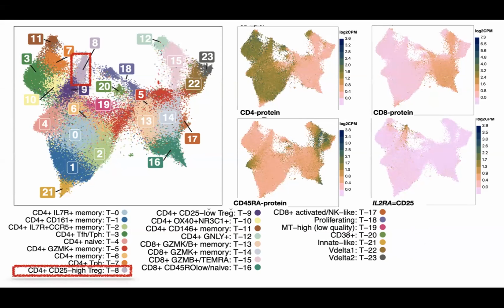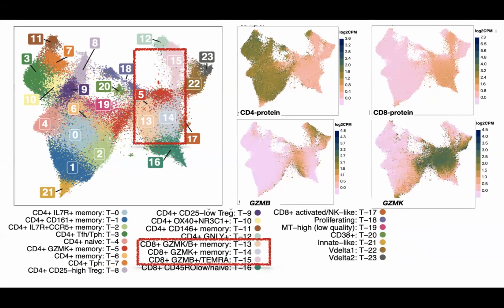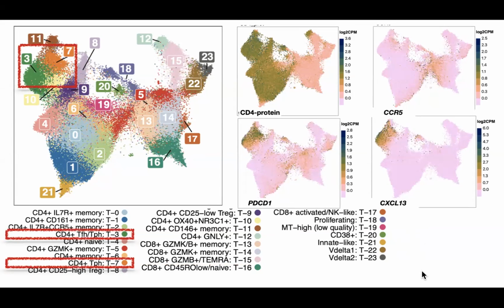There's one cluster here, cluster 8. These are T peripheral helper cells, which are important in that they're expanded in RA. You see that these granzyme K positive CD8 T cells are here too. We see this population really enriched in inflammatory tissues.